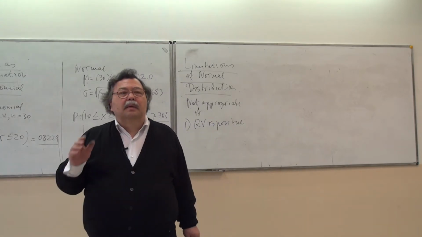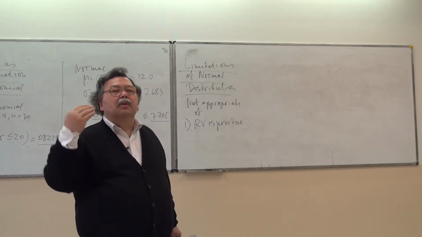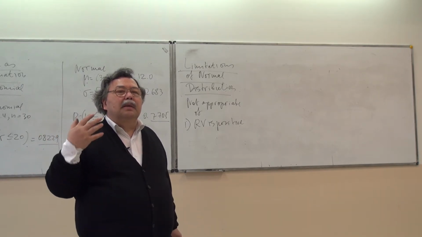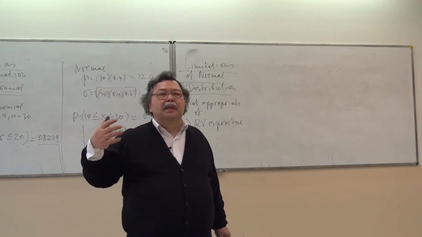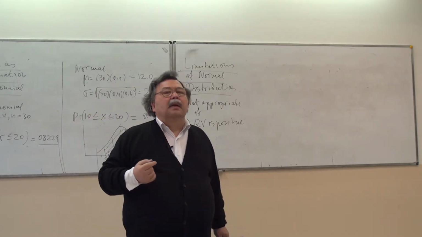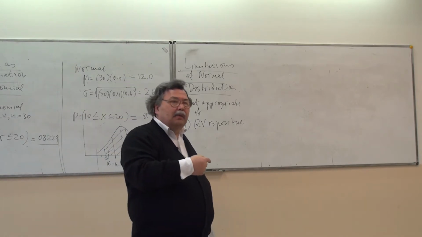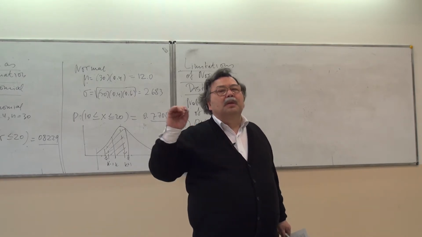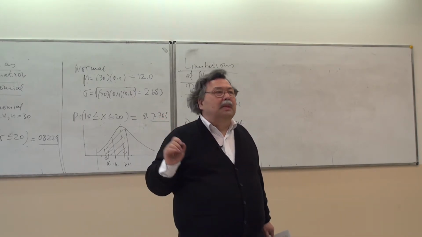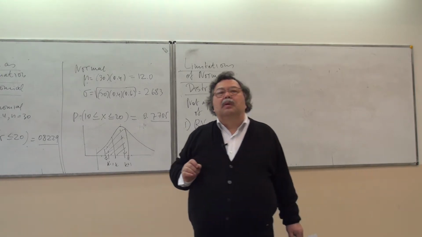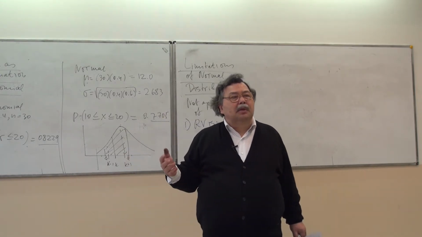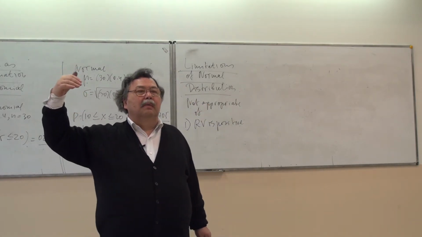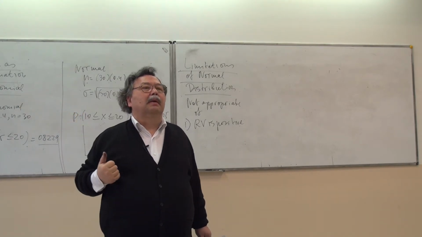Then I want you to appreciate this. The normal distribution admits negative values, but if you deal with a normal random variable with mean 75 and sigma 10, the probability of any negative value will be absolutely negligible. It will be so small that it can be and should be neglected. So on the one hand, it's kind of a contradiction to use a normal random variable to model a physical random variable that has only positive values.